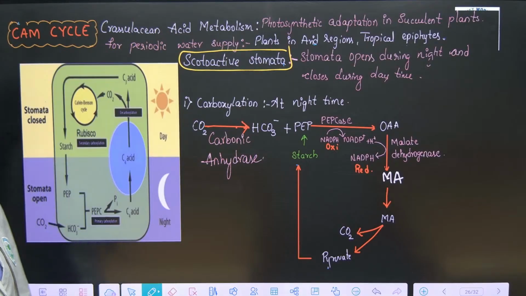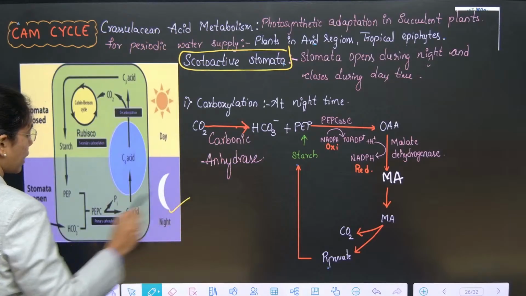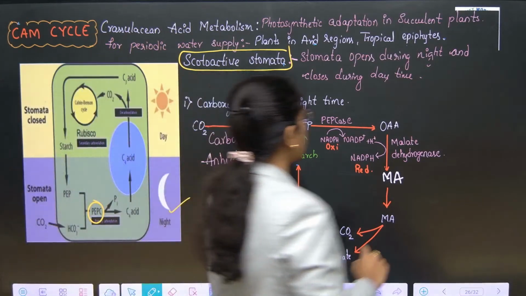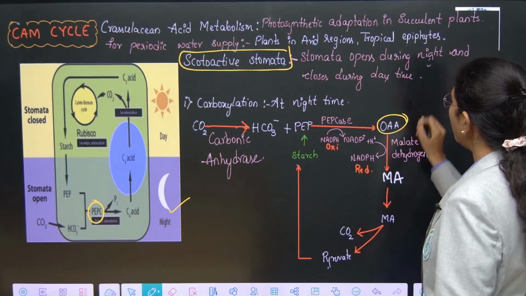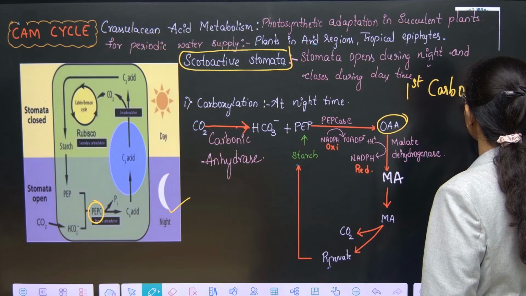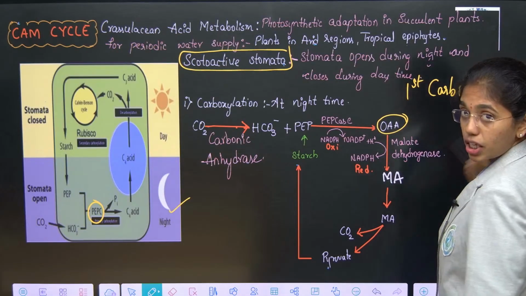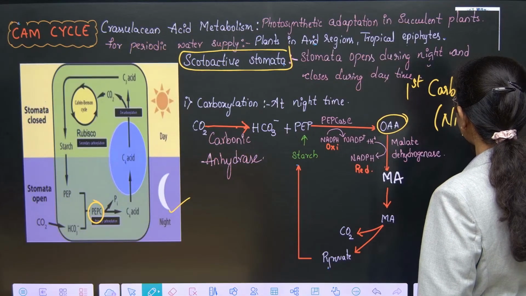So, the first carboxylation or carbon dioxide fixation will happen during night time by the enzyme PEP carboxylase, which fixes the carbon dioxide during night time.